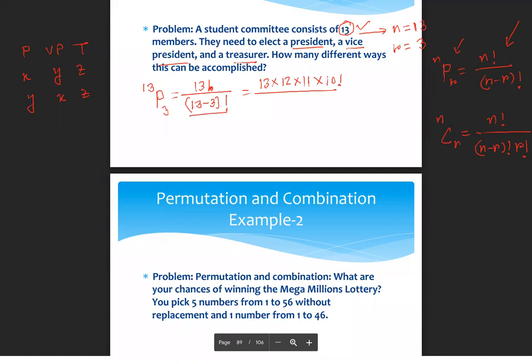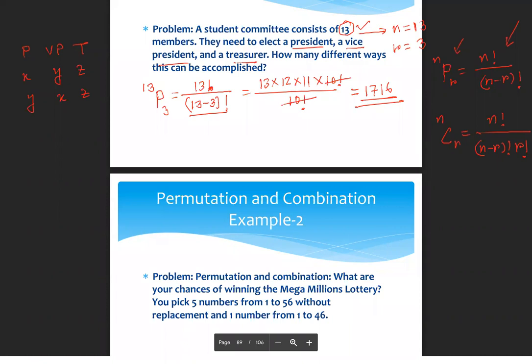And in the bottom, 13 minus 3 is 10 factorial. Now you can see the 10 factorial and 10 factorial cancel. Now 11 times 12 times 13 is 1,716. So there are 1,716 different ways you can select a president, a vice president, and a treasurer from a group of 13 different people.